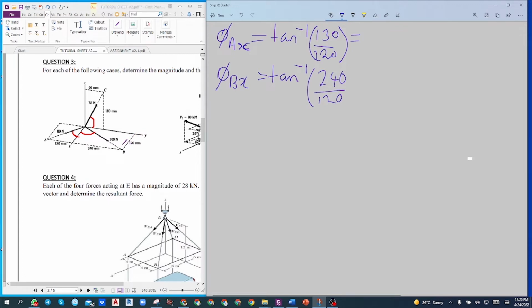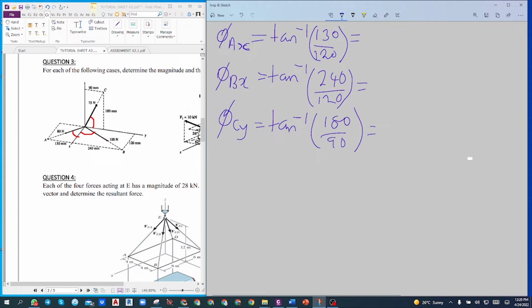And then phi C, let's make it originate from the y as labeled. This will be tan inverse of 180 over 90, which we'll find there.